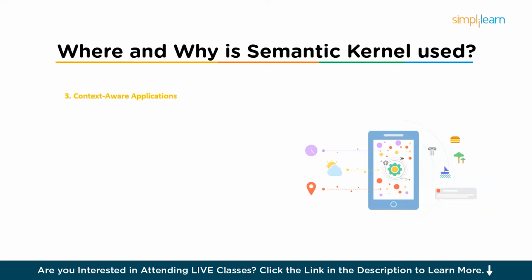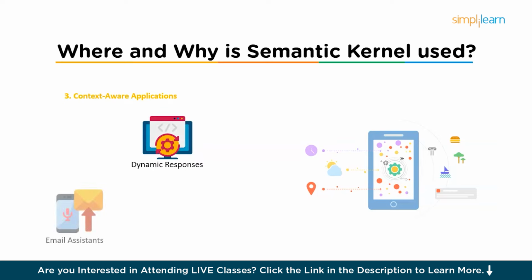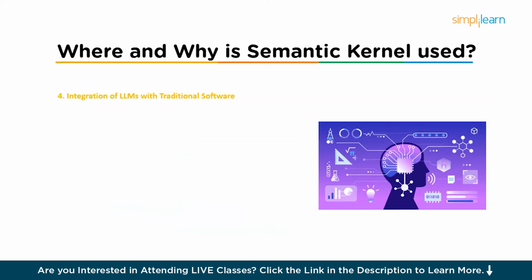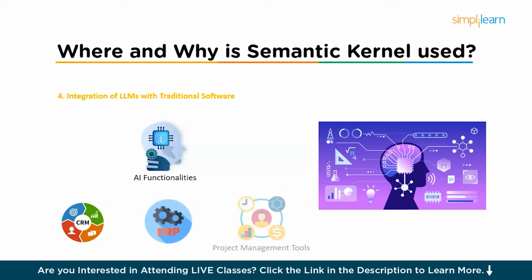Now moving to the third one, we have context-aware applications. It enhances apps that require dynamic responses such as AI-powered email assistants, coding copilots, or content summarization. Now moving on to the fourth one, we have integration of LLMs with traditional software. So developers can embed AI functionalities into existing enterprise software like CRM, ERP, and project management tools without rewriting the entire application.